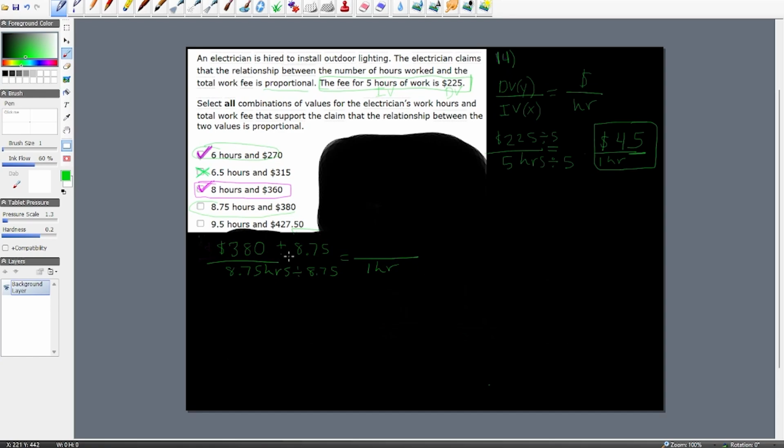And we'll do some long division. 380 divided by 8.75. Move the decimal over 2. So here's our decimal now. Flip our decimal up here.